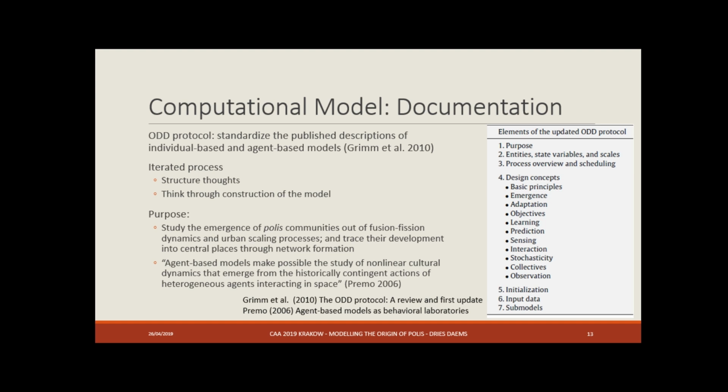And one thing that an agent-based model does really well is that it allows you to study the non-linear dynamics that emerge from historically contingent actions of agents interacting in space.